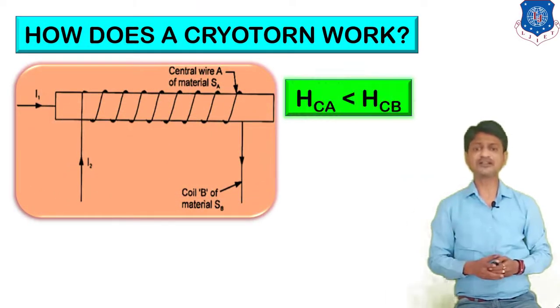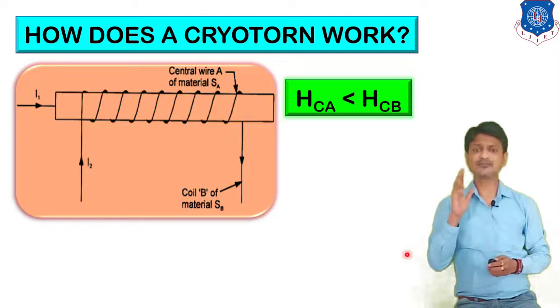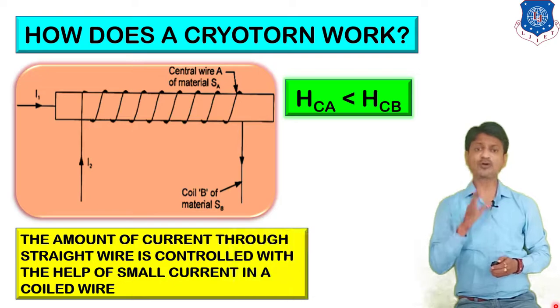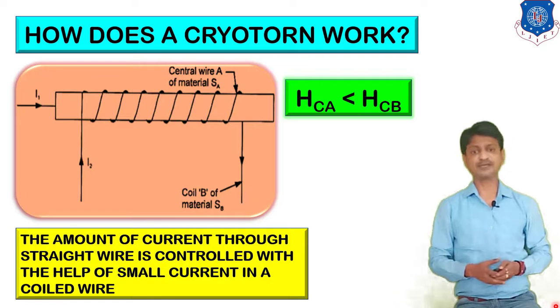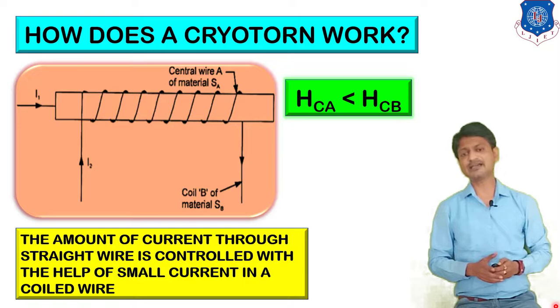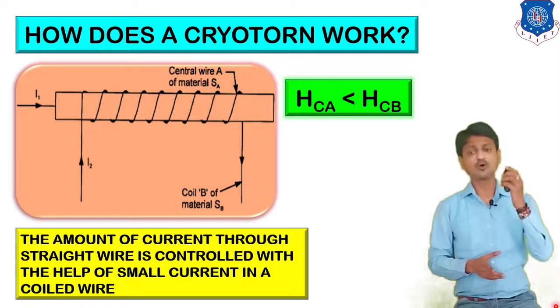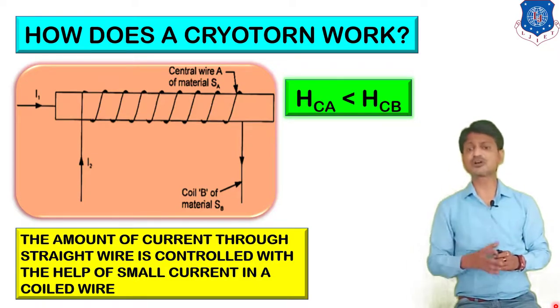You can see in the figure, there is a central wire or core A and the coil is wound on it, and that is B. Here, the critical magnetic field of core A is less than the critical magnetic field of that coil B. So what happens? The amount of current through the straight wire is controlled with the help of small current in coil B. Now we know that if current flows through the coil, then it generates magnetic field.